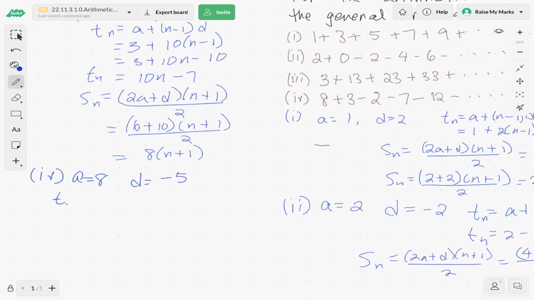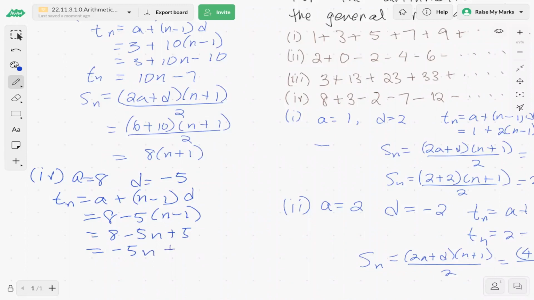Our general term is a plus (n minus 1) times d. A is 8, d is -5. Let's expand this out: 8 minus 5n plus 5. We get our general term, Tn, is -5n plus 13.